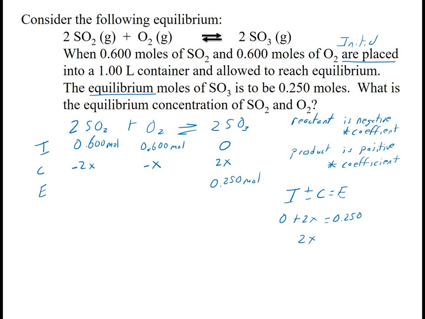So basically it simplifies down to 2x is 0.250. So x is 0.250 divided by 2, which gives me 0.125. And that's x. Okay? So now I'm going to plug this x into this equation. So it's still I plus or minus C is equal to E. So it's going to be 0.6 minus 2 times the 0.125.